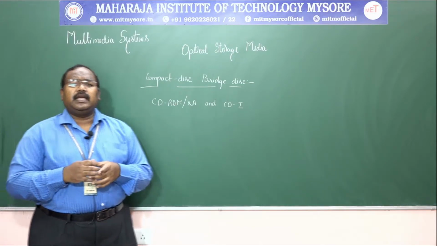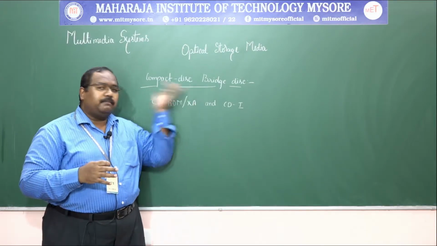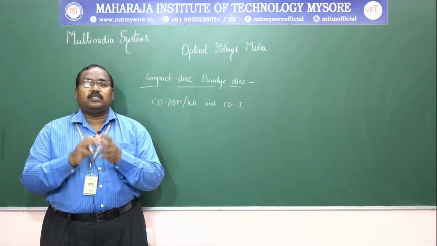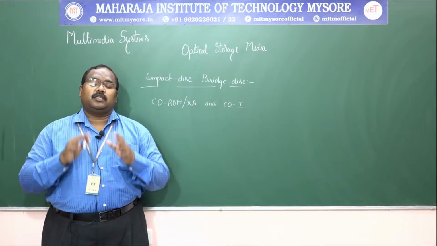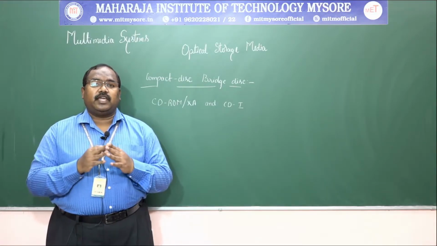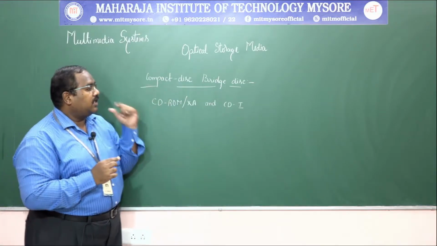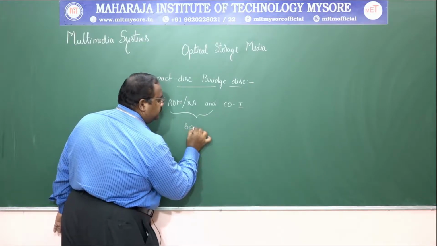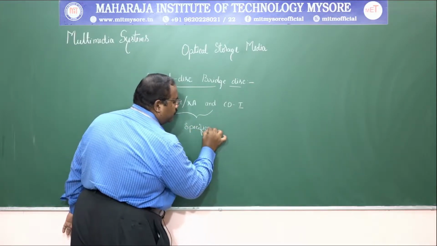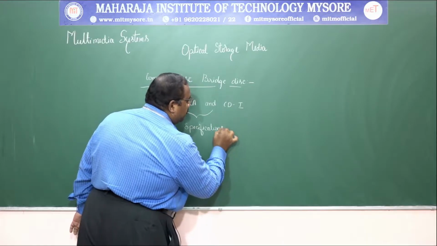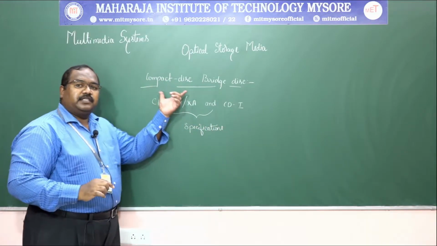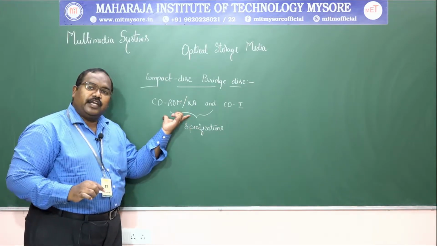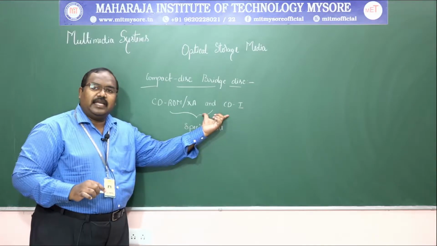Next, the CD bridge disc is specified with both CDI and CD-ROM XA specification. This technology makes use of both specifications. This bridge disc is the composition of these two specifications, the CD-ROM XA specification and the CDI specification.